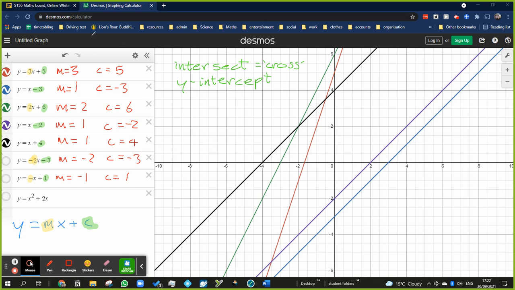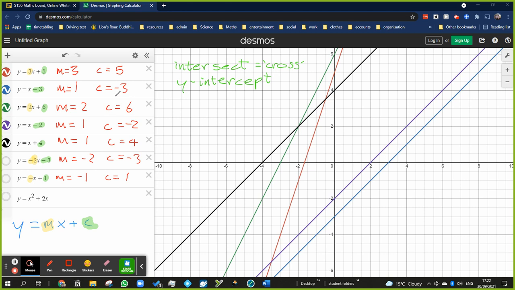Well, it's because imagine that x is 0. Well, x is 0 on the y-axis. At this point, see, x is -2 here, it's -1 here, it's 0 here. At all points on the y-axis, x is 0, and then it's 1 over here, then it's 2, and so on.